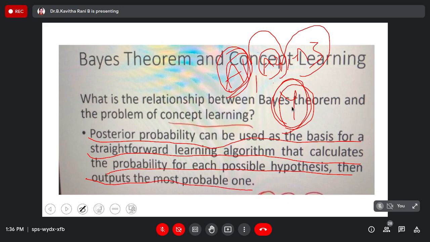Posterior probability is the basis for a straightforward learning algorithm that will calculate the probability of each possible hypothesis.